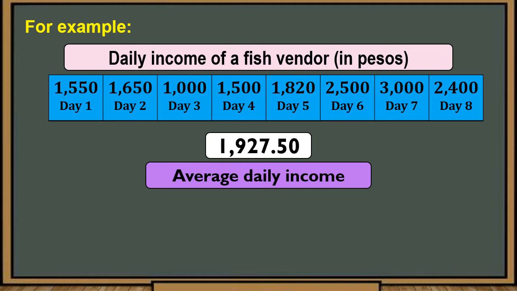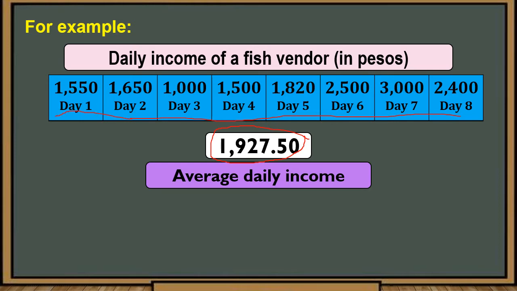So this amount represents the income of a fish vendor every day, since this is the central value of this set of values.